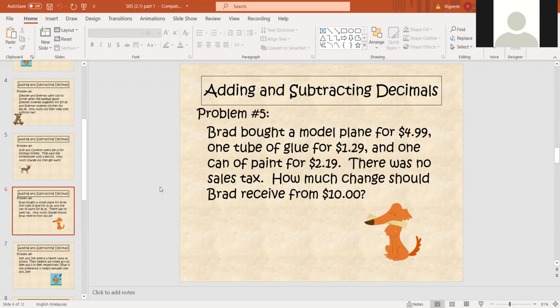What is the total? 4.99 plus 1.29 plus 2.19, you will get 8.47. But how much change should he receive from $10? If he gives $10 to pay, how much change will he receive back? You also need to minus with this. Yes, minus with what? 8.47 subtracted from 10.